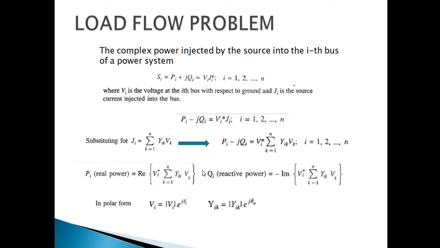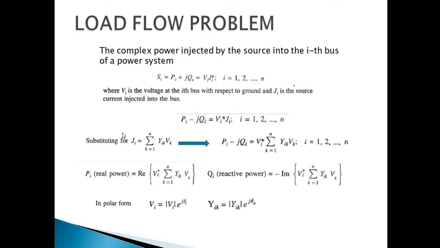So if we replace this Ji here, we will have P minus jQ equal to V star into this one. Now again, you should not get confused. First I said it like this, now I am using the equation where we have a V star. Just one more reminder, V into J star is P plus jQ.